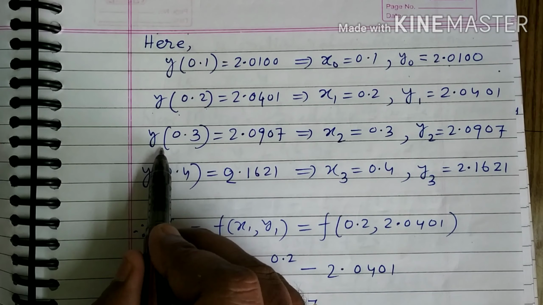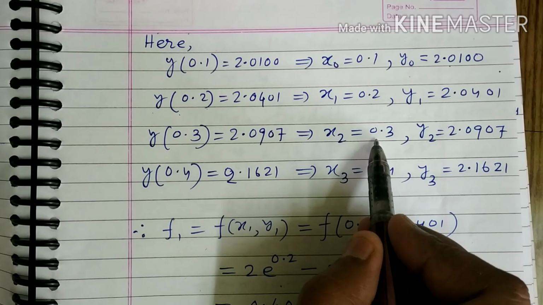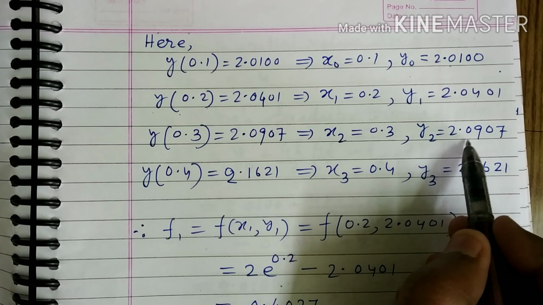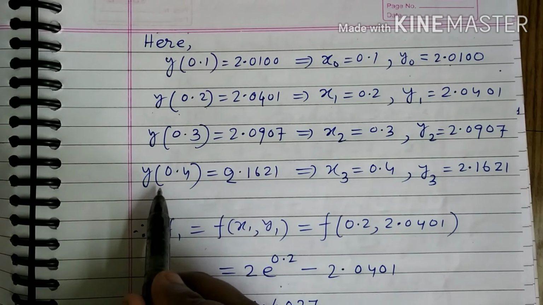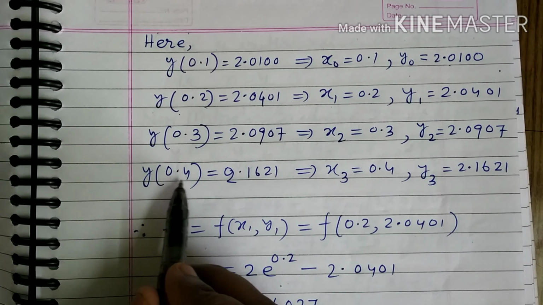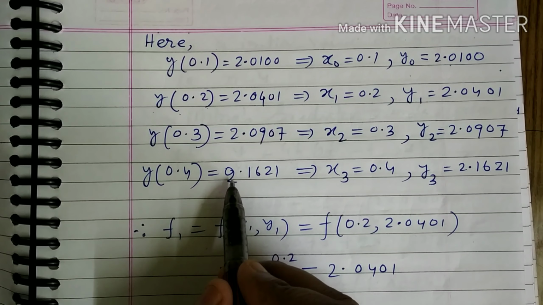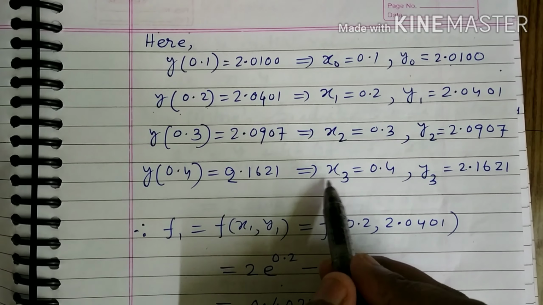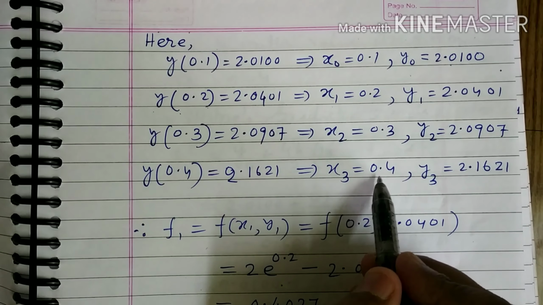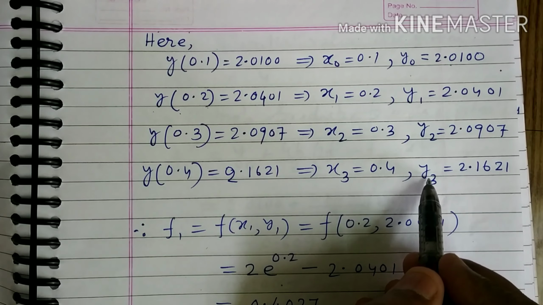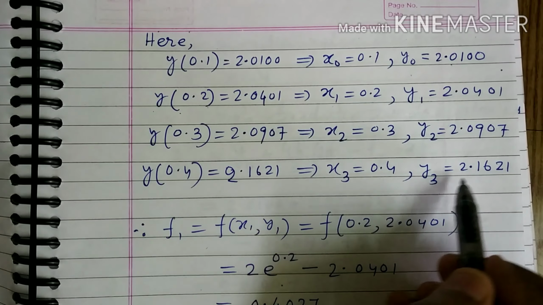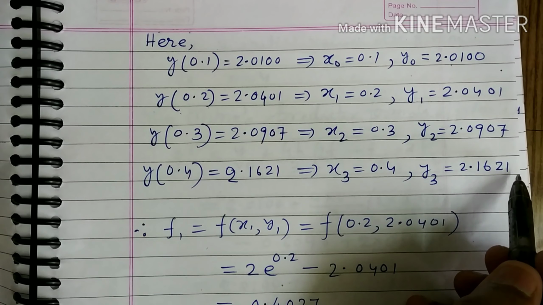From the third condition, x2 = 0.3, y2 = 2.0907. From the last condition, y(0.4) = 2.1621, so x3 = 0.4, y3 = 2.1621.